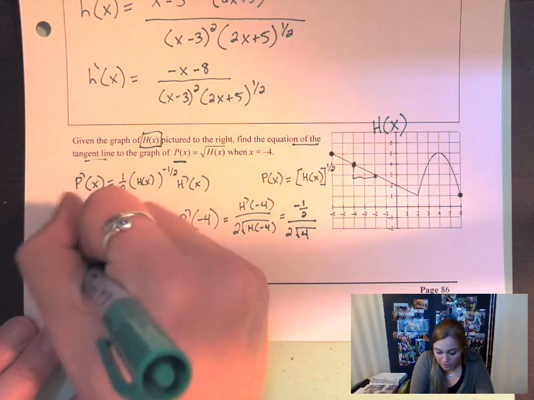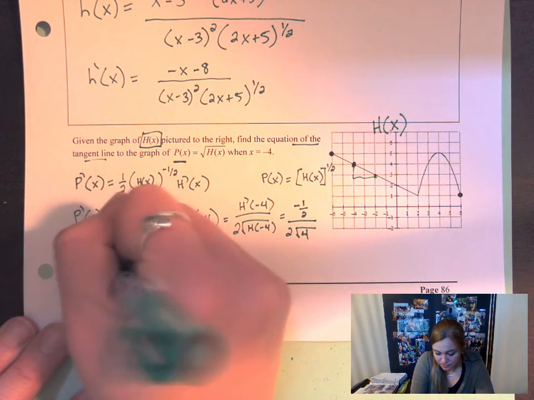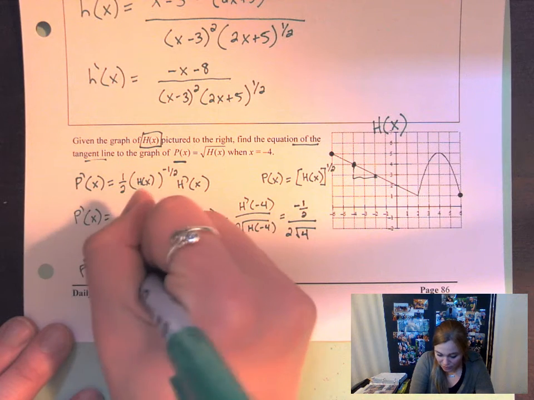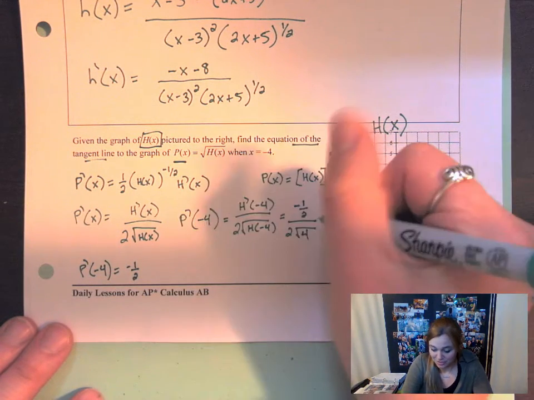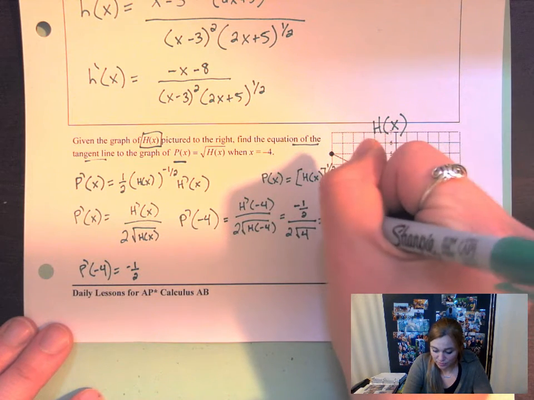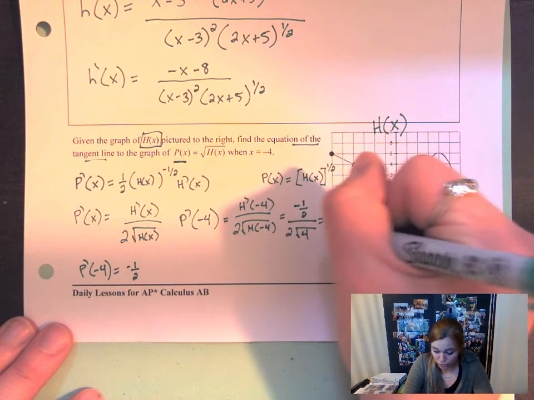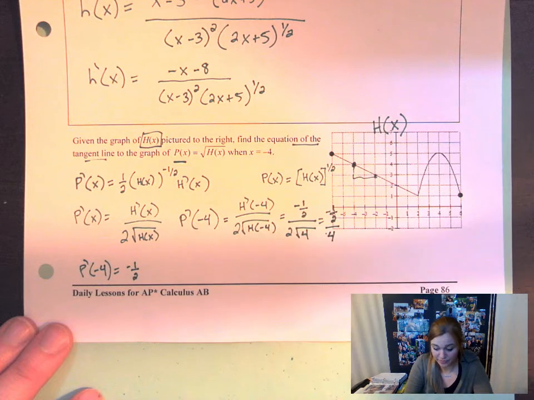That means p prime of negative 4 is negative 1/2 divided by, I'm going to write this here to save some room, 2 times 2, which is 4.